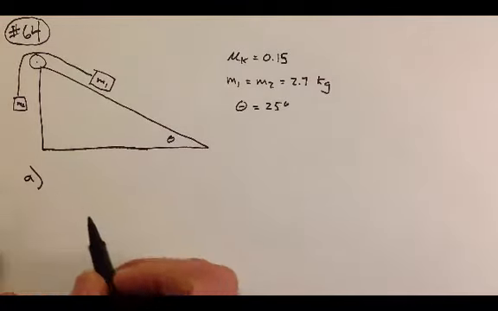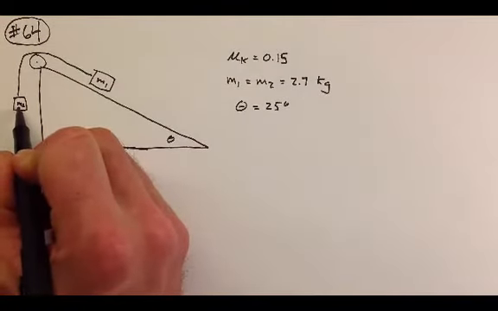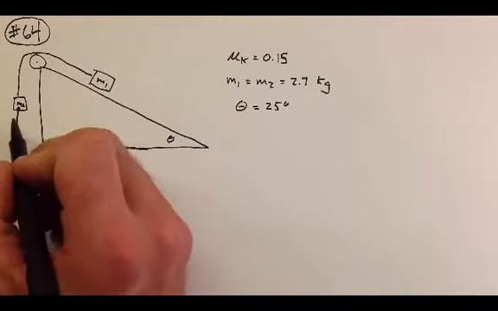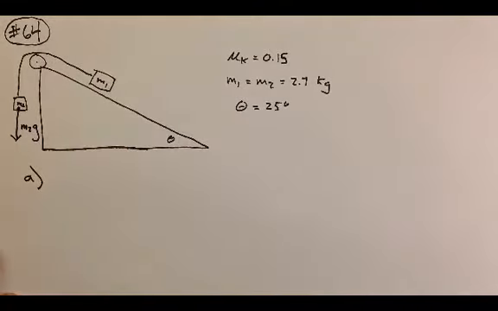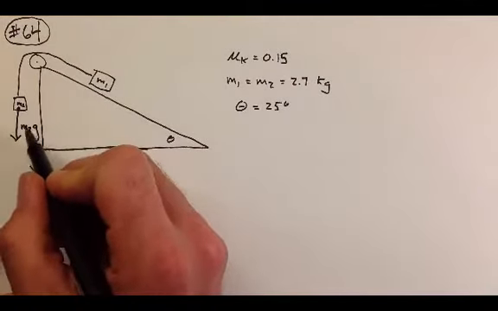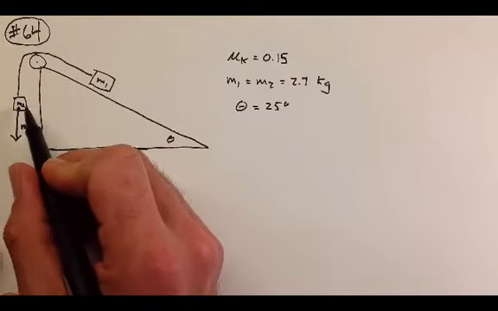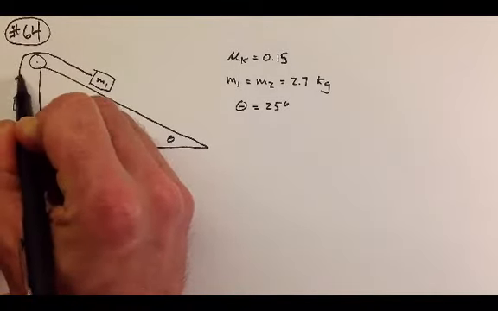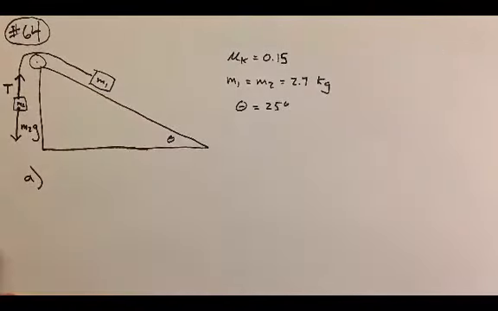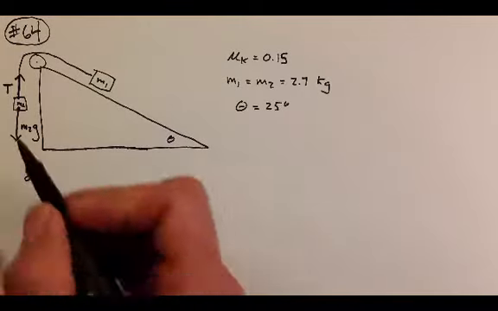Well, let's go ahead and start in here, as we would any problem, by drawing in our free body diagram, okay? So obviously we have the weight here of M2, and that would be M2G. We have some tension force pulling up here. We don't really know what that force is.